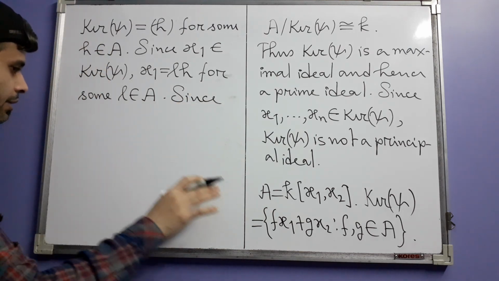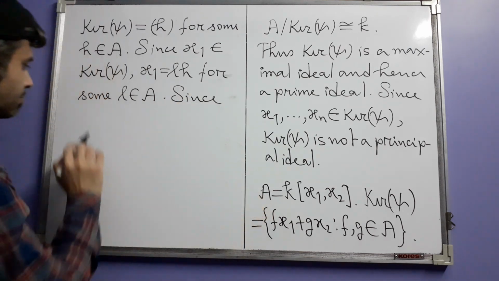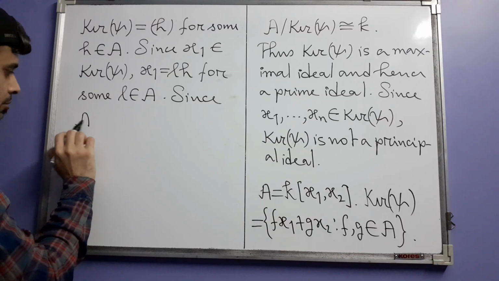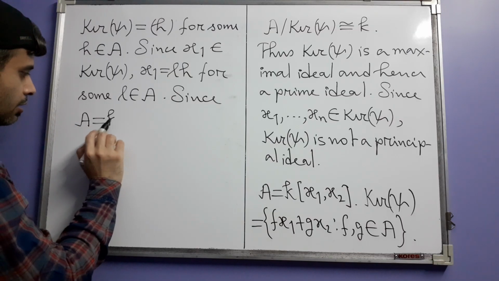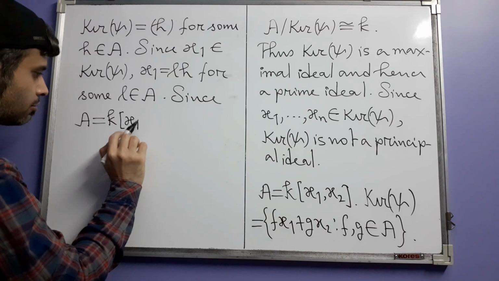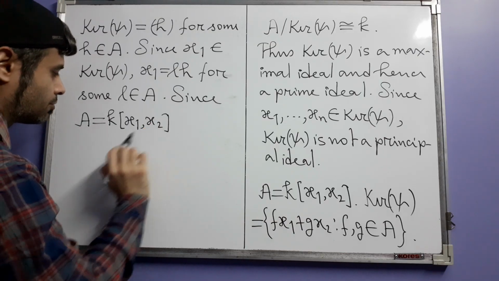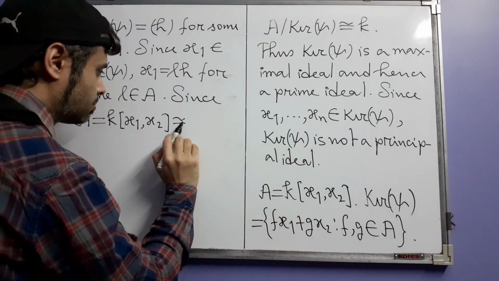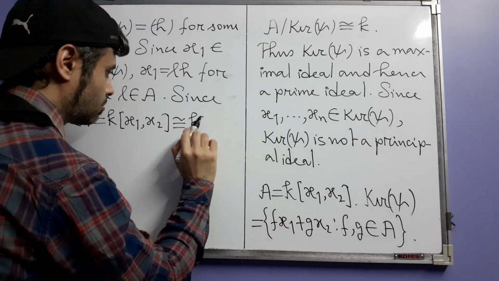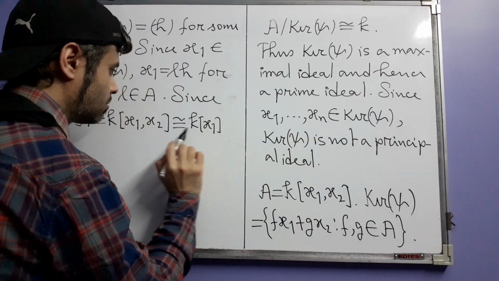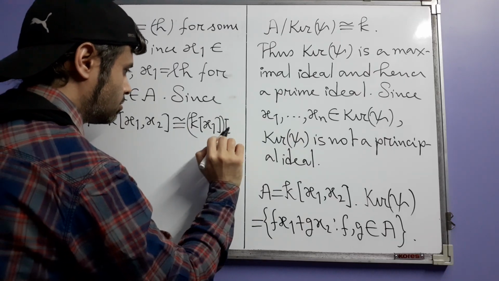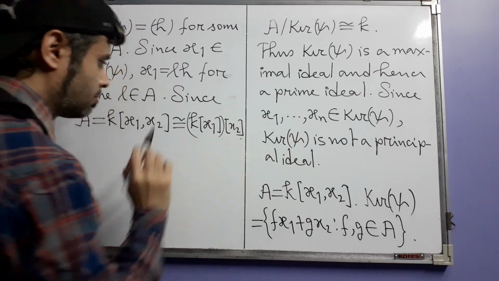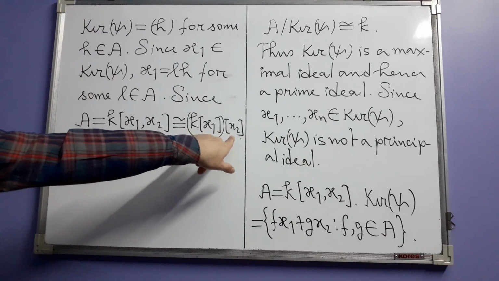Now let us think of this ring A. The ring A can also be thought of as k[x1][x2]. What is this?